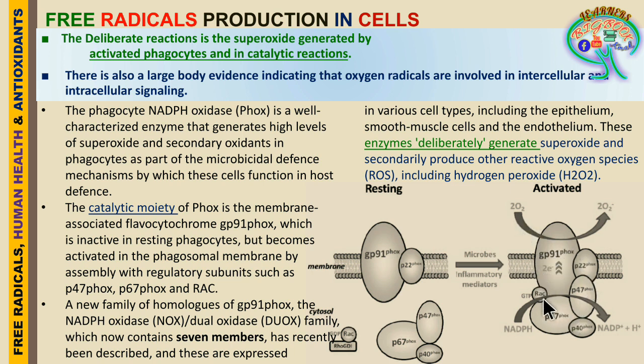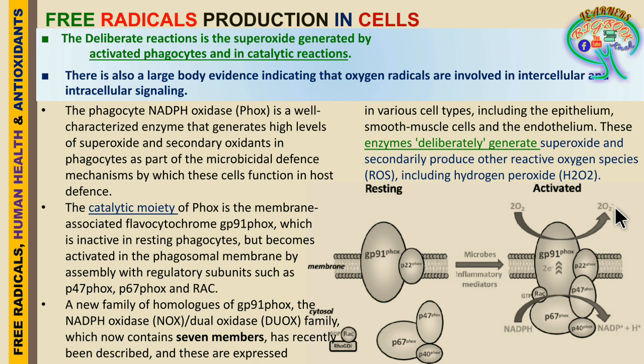Here they take part in the formation of the oxides, that is the radicals. It can be the superoxide or secondarily the hydrogen peroxide. It is happening deliberately, where they are generating these particular free radicals.